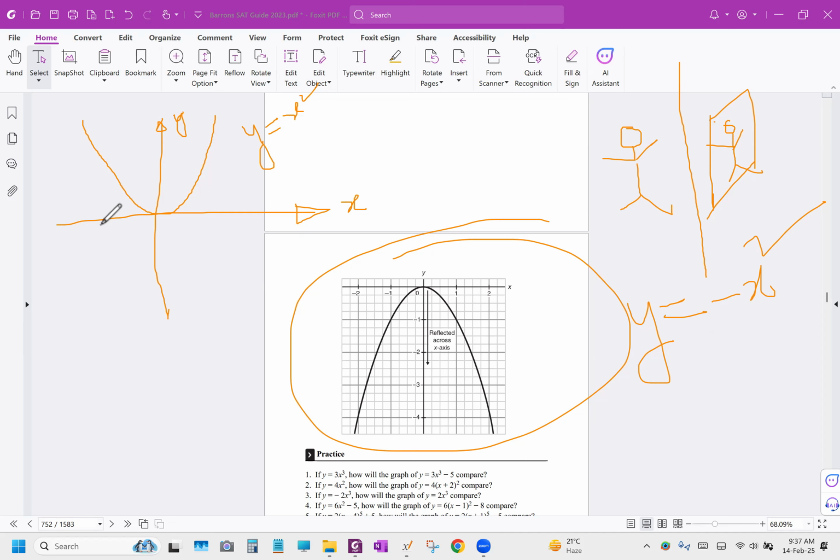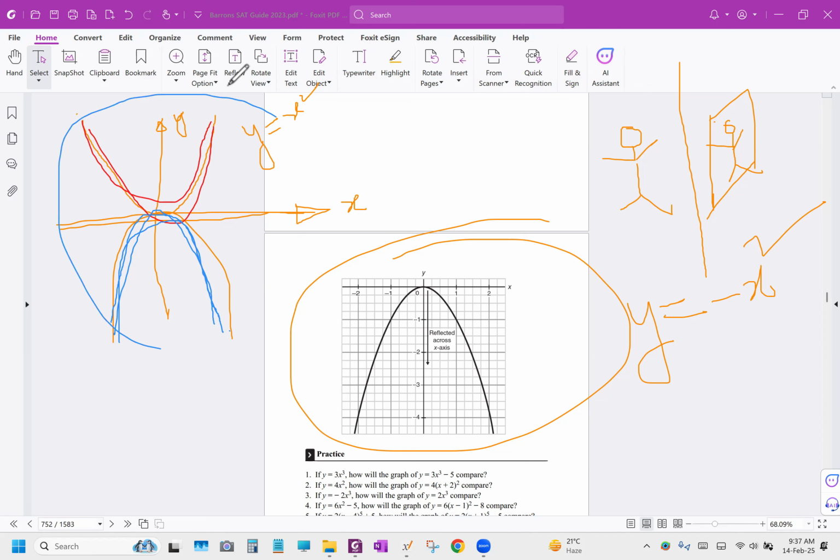So if you keep a mirror in this direction, then you will get a parabola like this. The reflection of this parabola is in the blue color, and the blue colored parabola's reflection is in the red color.